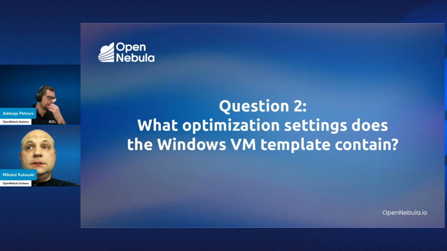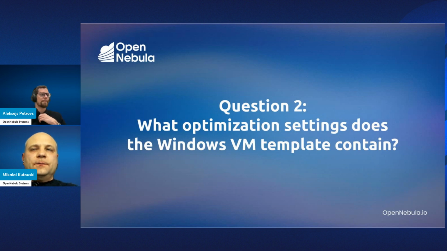Yeah, so as I said in the beginning, one of the benefits of using this prepared VM template is that it has optimized settings for Windows virtual machines. Apart from some general ones like machine type Q35, which is the modern one, whereas for some operating systems the default is i440FX, which is pretty outdated.